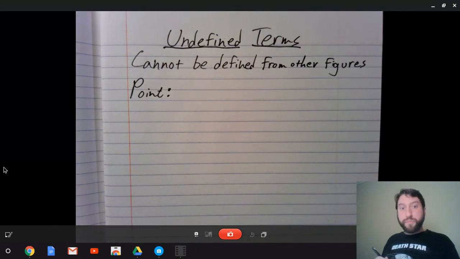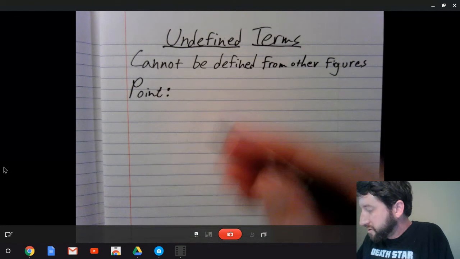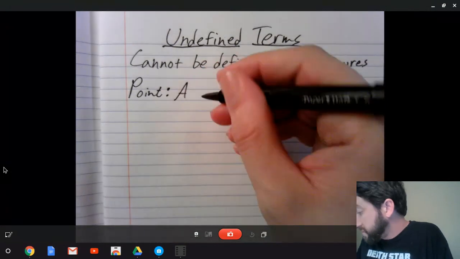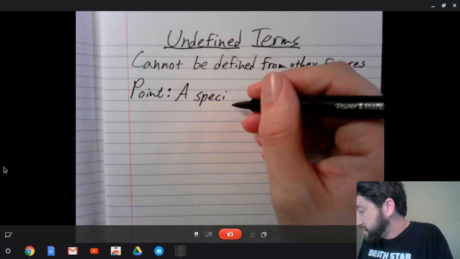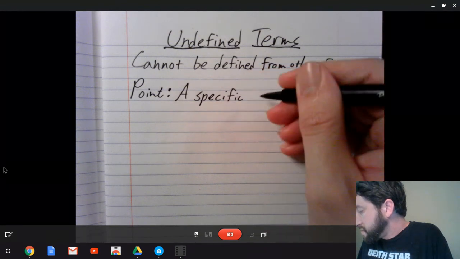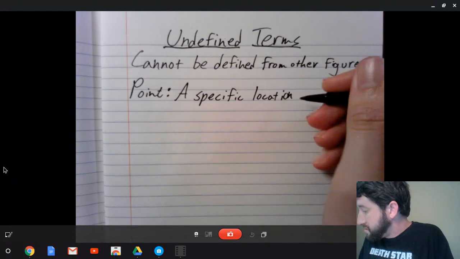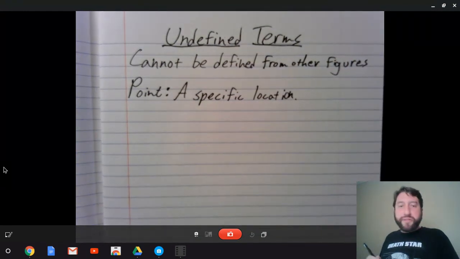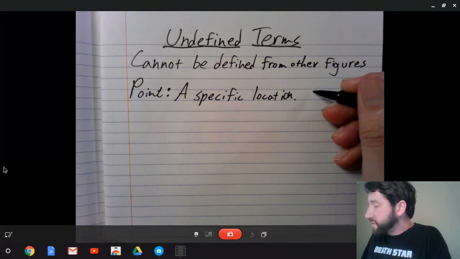What is a point? Well, a point is simply a location in space, right? You could say it's a specific location, and we'll make it a little more interesting. I could also say it has dimension 0.